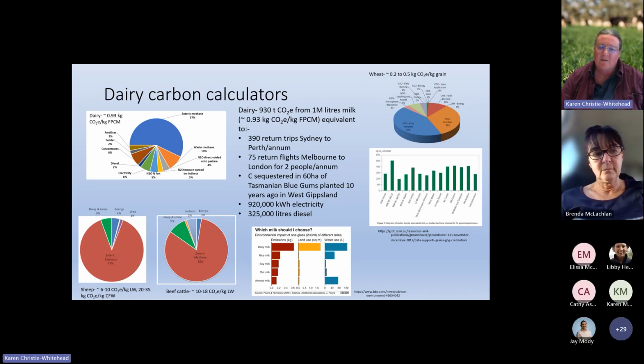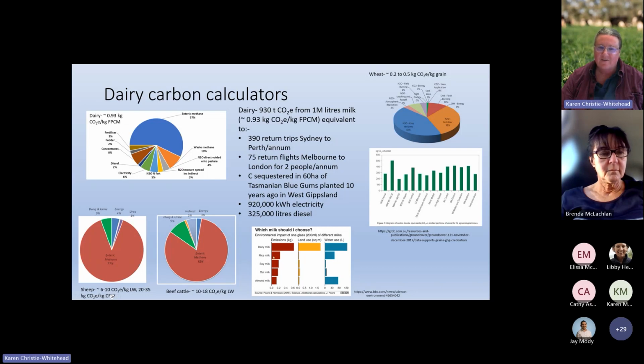And this last graph I've just brought up doesn't paint dairy in such a good light in terms of our other non-dairy sources. But I always like to keep in mind that dairy is a whole food.